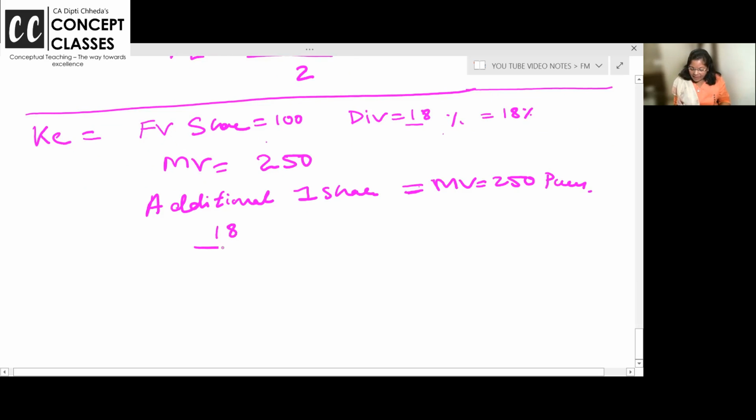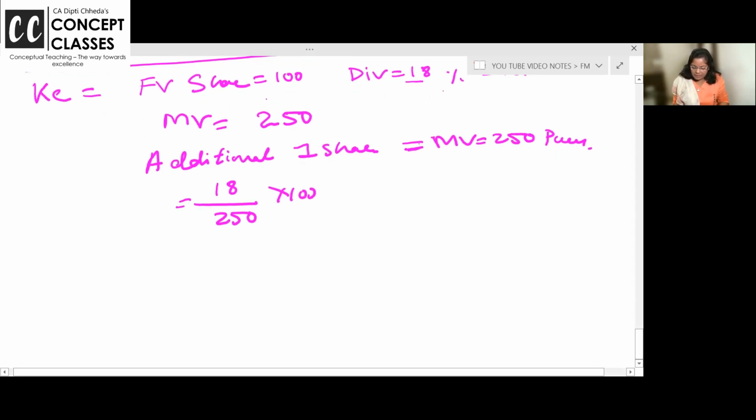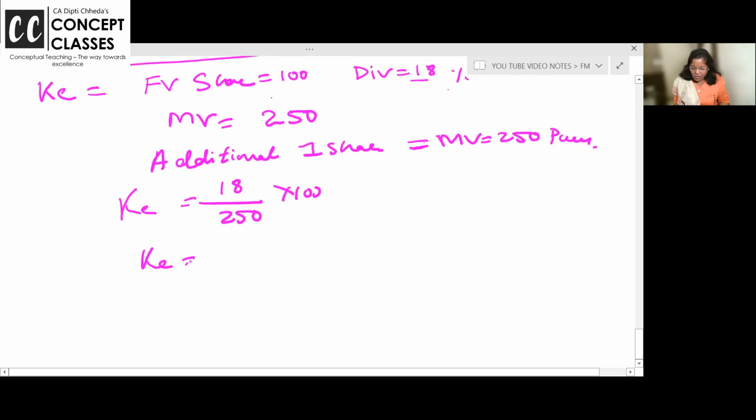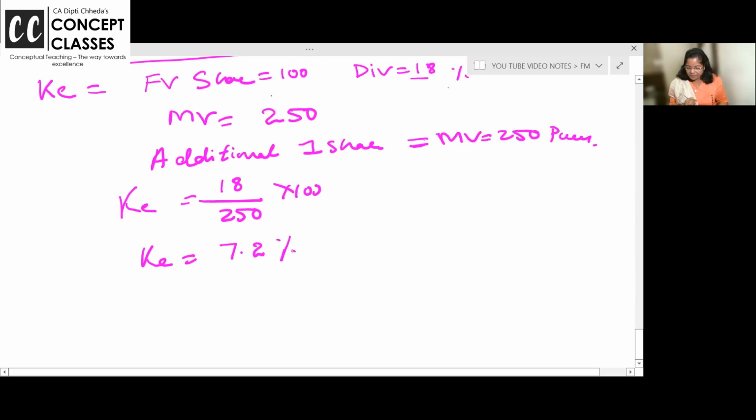So 18 rupees income you are getting, on the face value. But how much money have you put to invest in one share? 250 rupees. This is nothing but KE. Ma'am, where is the formula? It will come. In the exam we will write the formula, but if you understand the logic, you can do it very fast. 18 divided by 250 into 100. So this comes to 7.2%.